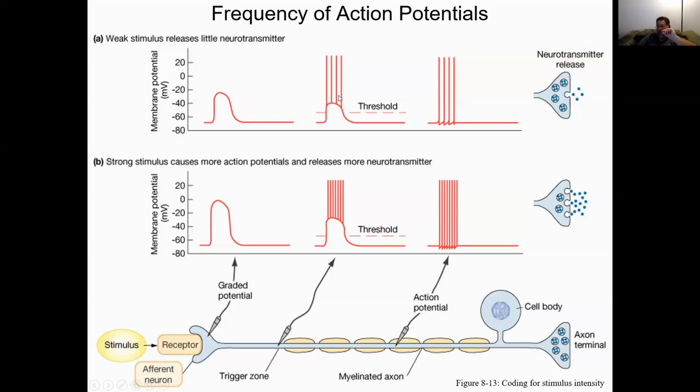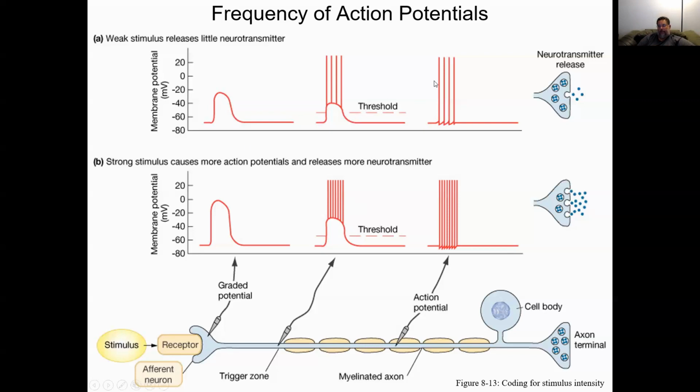Remember, an action potential is an all or nothing event, meaning that it'll go up to around 20 millivolts and then the potassium channels will open and it comes back down and hyperpolarizes. And then immediately behind it could be another action potential at around 20.